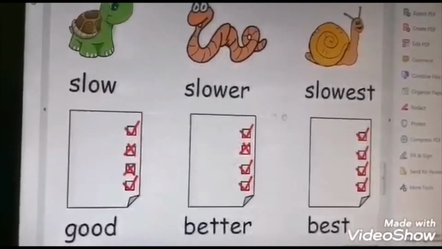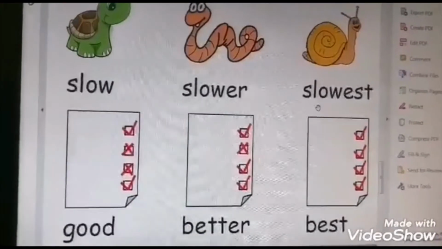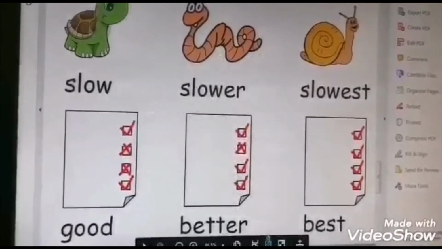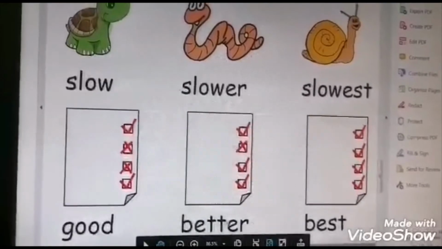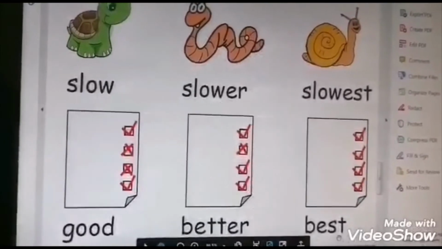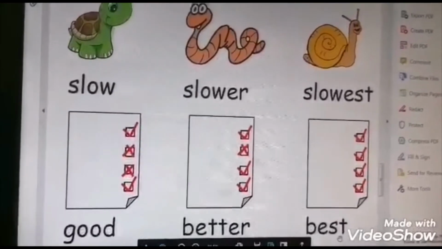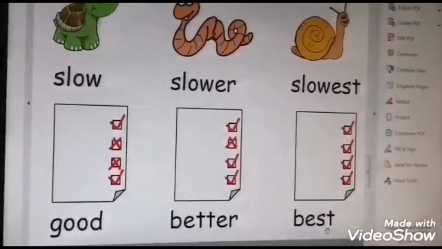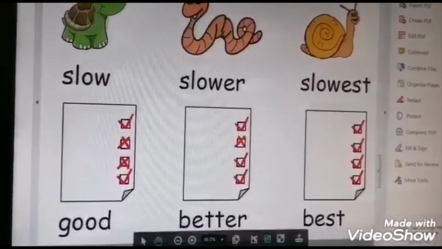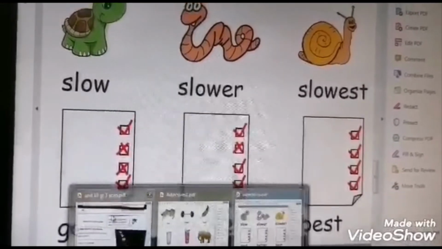Slow, slower, the slowest. And this is our irregular form of adjective. Good, better, and the best. So I hope you understood the comparative and superlative form of adjectives. So let's get back to our lesson.